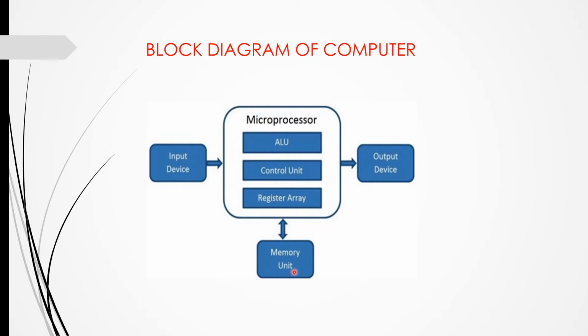A list of instructions with data is stored in a memory. Instructions are stored in memory called as program memory and data is stored in other part of memory called as data memory.